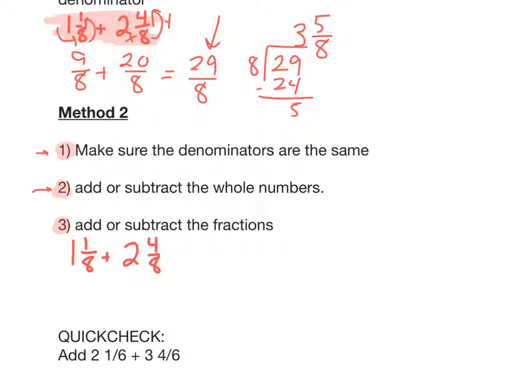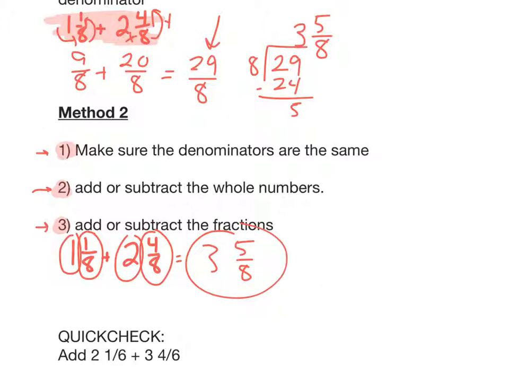Now, add or subtract the whole numbers. So what's 1 plus 2? Correct, it's 3. And now we're going to do step 3, add or subtract the fractions. So what's 1/8 plus 4/8? That's 5/8. So in this case that's easier, I think.